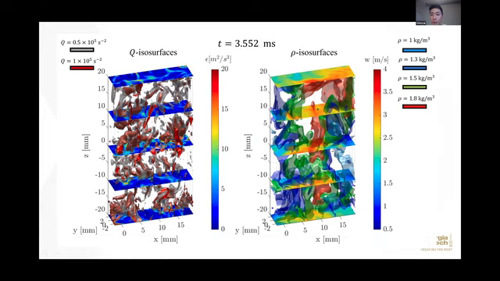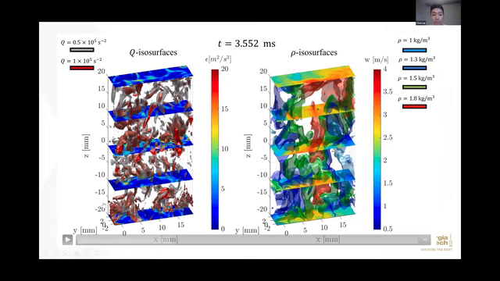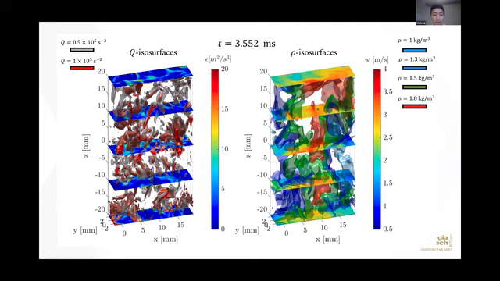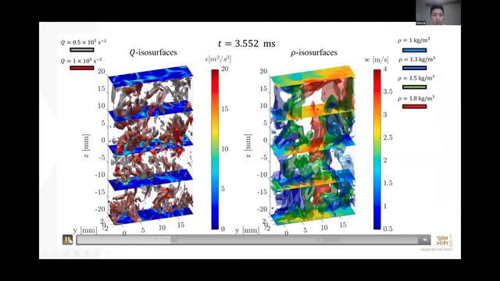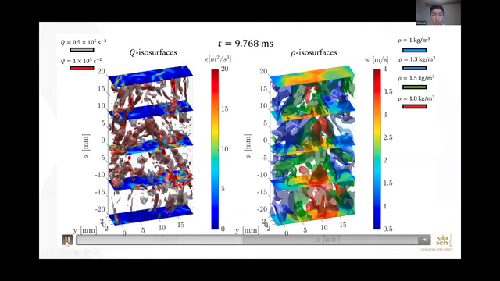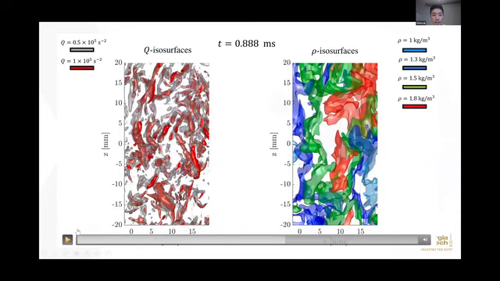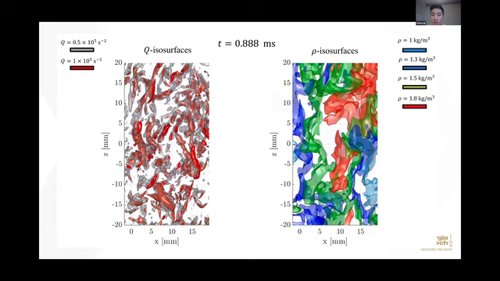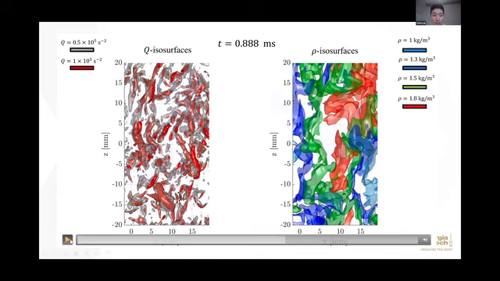If you go with Taylor, you will flatten out this sheet and you cannot make it thin. So that's one thing. The second thing is that now you're looking from the top, and if you focus on any of the red structures in the left animation, you will see that the structures can deform, break, and coalesce, which is what you would expect in a turbulent flow.